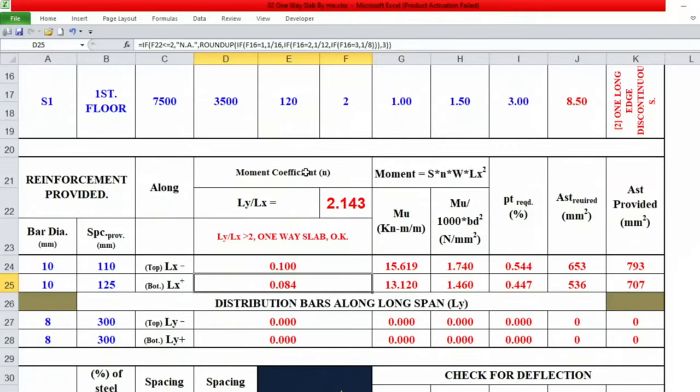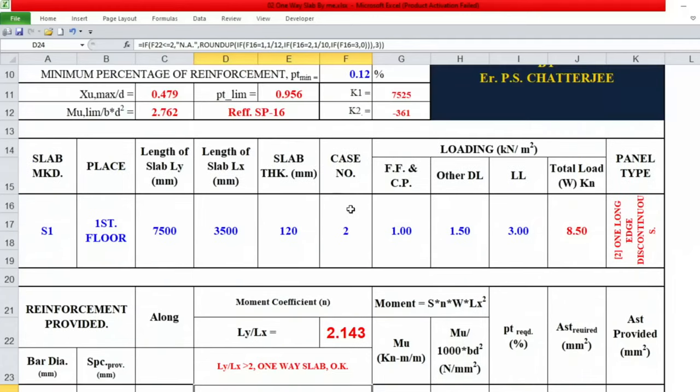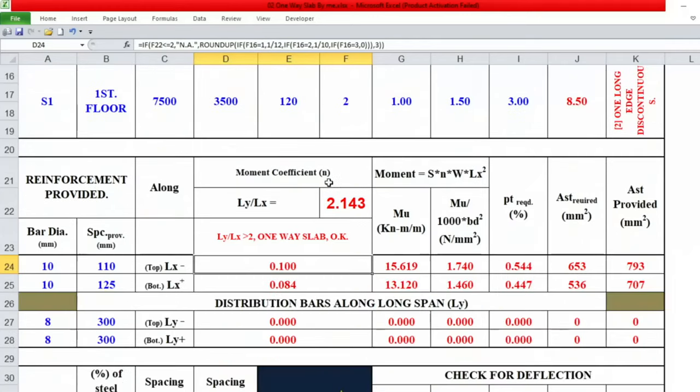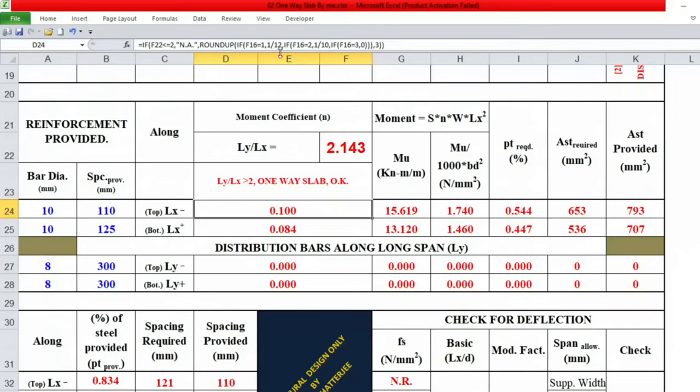Otherwise, for the round off case, if F16 is equal to 1, that is case number 1, then it will be 1 by 12. If case number 2, it will be 1 by 10. And if case number 3, it will be 0. Similarly, if F22 is less than or equal to 2, not applicable.